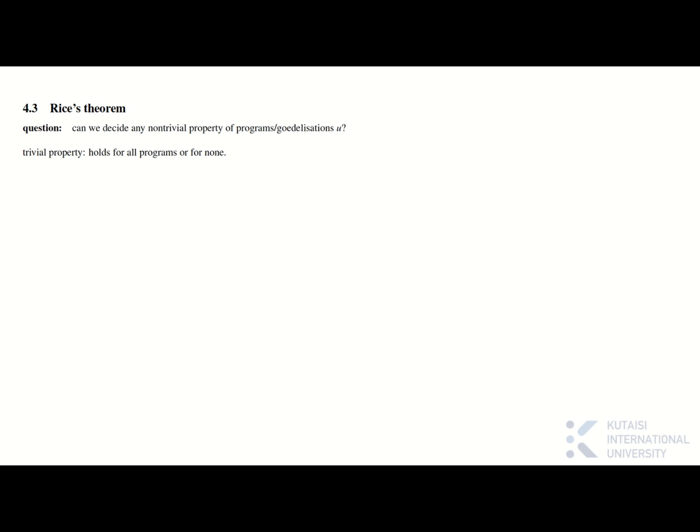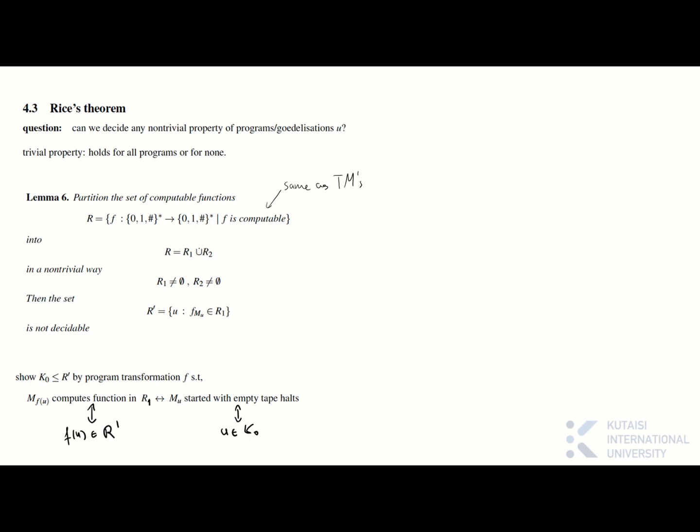So can I write a meta program that decides whether another program computes a constant function? That is a non-trivial, valid question. And Rice's theorem states that such a thing is not possible. So basically writing non-trivial metaprograms is not possible, and we should prove this, otherwise this is a famous theorem.